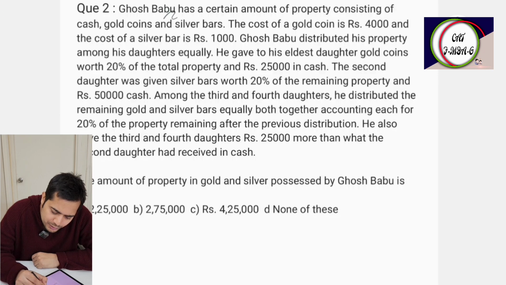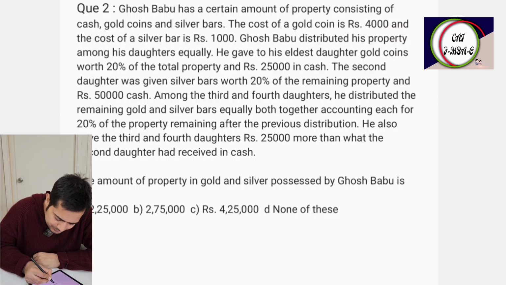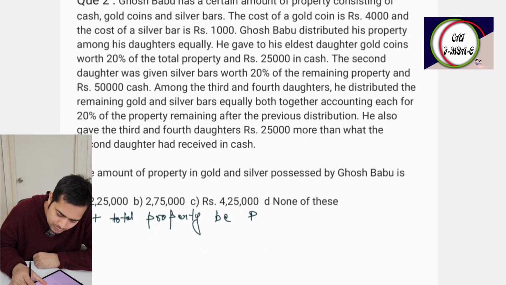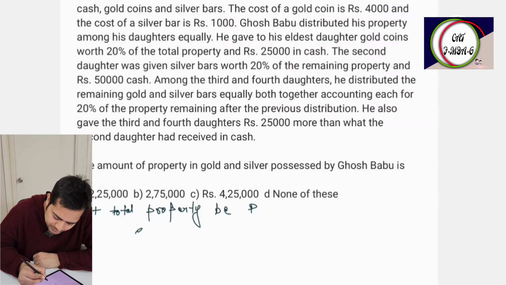They are saying that Ghosh Babu has a certain amount of property consisting of cash, gold coins, and silver bars. So let total property be P. Now he has gold coins, he has silver bars, and he has cash.